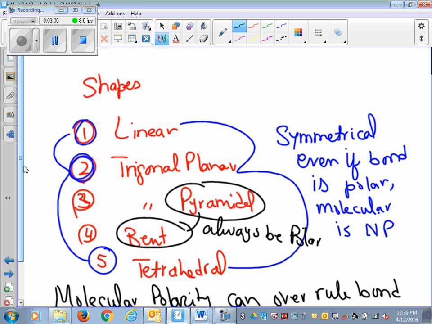Once you decide the shape of the molecule based on the dot diagram, if the shape is linear, trigonal planar, or tetrahedral, the molecule is going to be non-polar even if the bond is polar. But if the shape is pyramidal or bent, the molecule is going to be polar even if the bond is not polar. I will explain what I'm saying here. Can I move on?